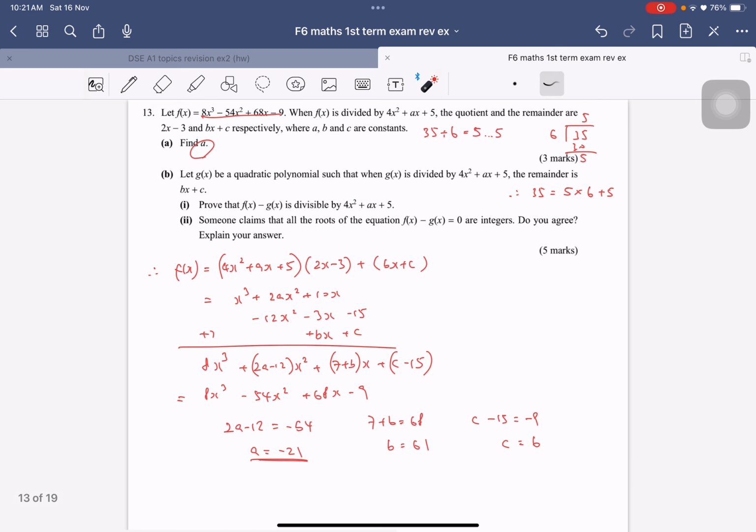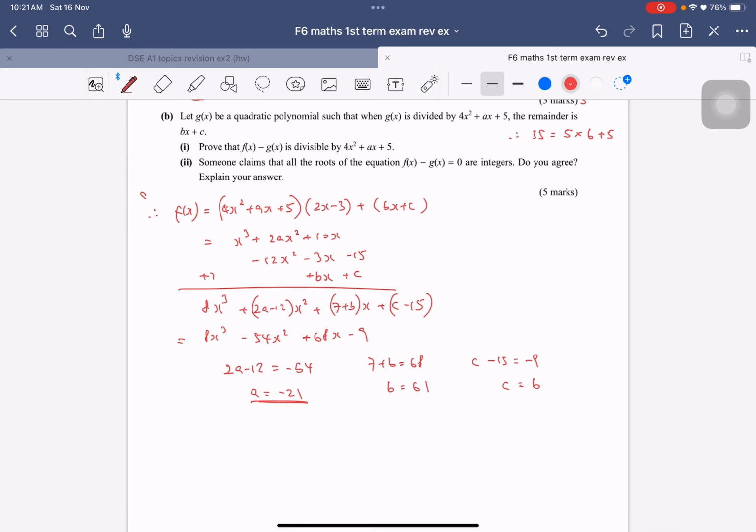For part B, we have another g(x), which is divided by this 4x squared plus ax plus 5. It's the same divisor, and the remainder is the same as well, bx plus c. But now we don't know what the quotient is. This is the hard part.